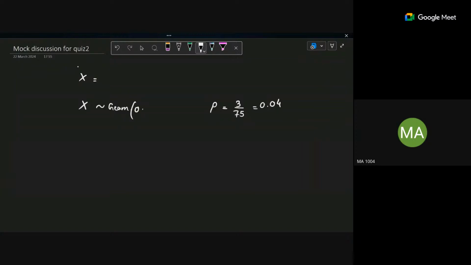So this is a geometric distribution with 0.04, and we are interested in finding the probability that the sixth bulb is defective, that is X equal to 6.